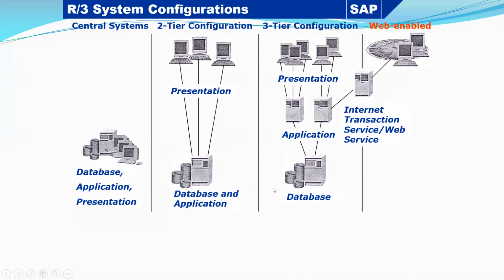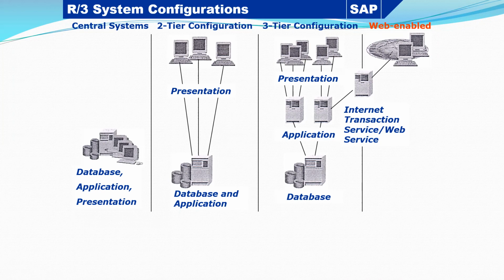From 1990 onwards, they came up with a new technology called R3. In this three layer system, they separated the database layer, application layer and presentation layer. The current one is S4. R1, R2, R3 are nothing but first generation, second generation, third generation. In the first generation, all three layers are in one place.